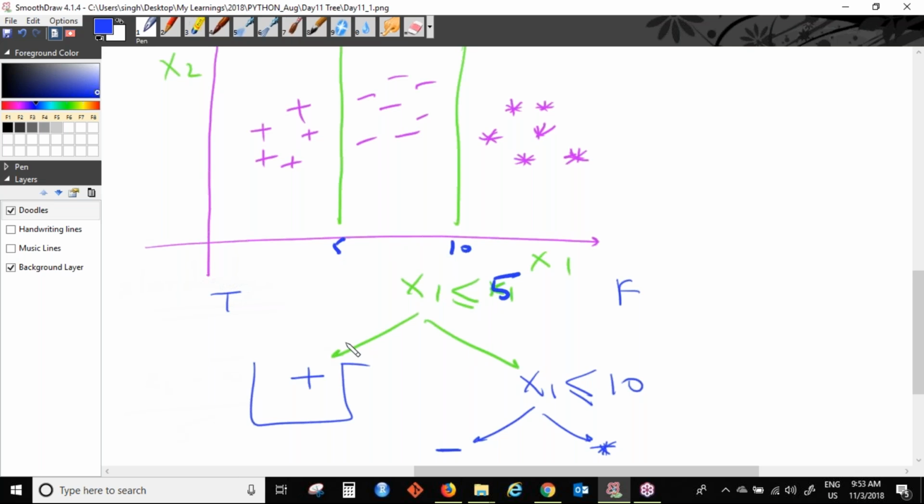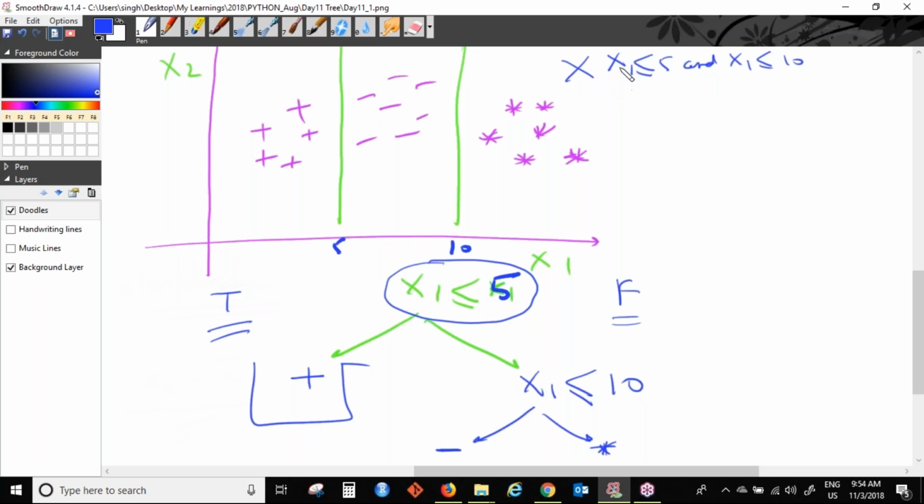But always remember, the number of branches coming out of a node will always be 2. It cannot have more than 2 branches, because you can either be true or false for this. You cannot have any third thing. And also remember that in a node you will always have only one variable. You cannot have something like x1 is less than equal to 5 and x1 is less than equal to 10.